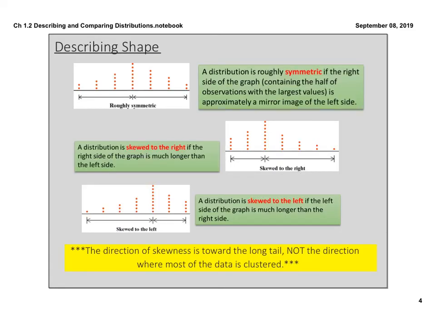So let's just talk about shape. When we are describing shape, we have lots of different shapes that we can identify things as, but these are kind of the main three. You're going to see data that looks roughly symmetric. It's rare for us to use definitive terms like exactly symmetric. We're not going to use things like exactly very often in this class.